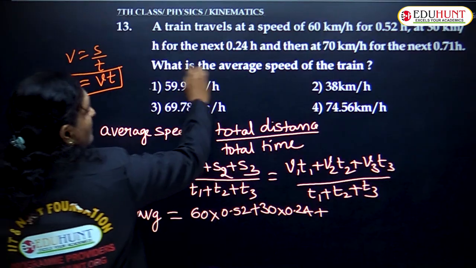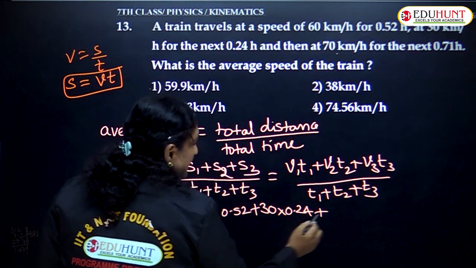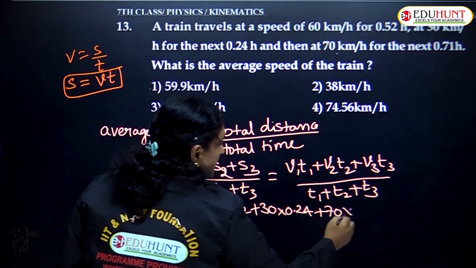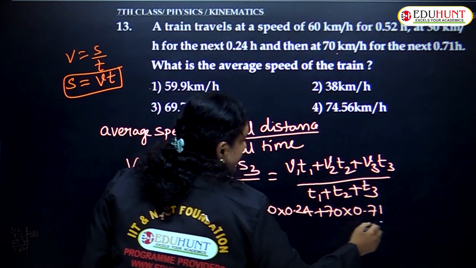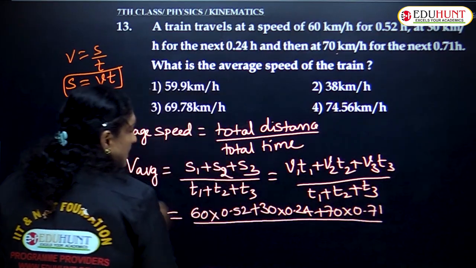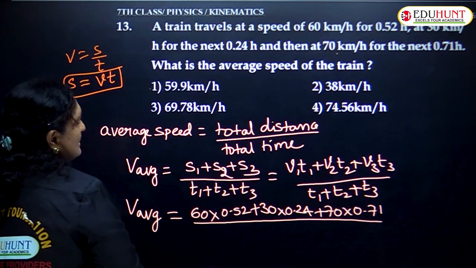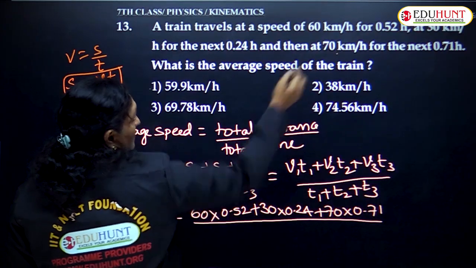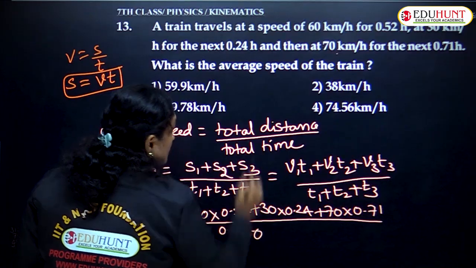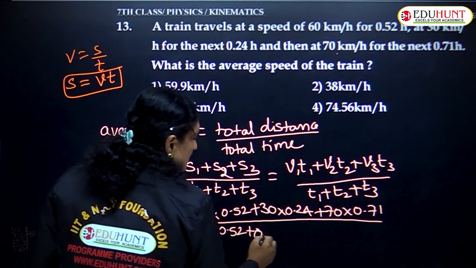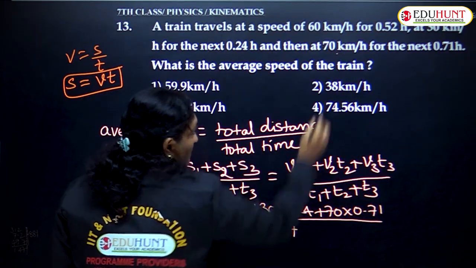The value of V3 was given as 70 km per hour for the time 0.71 hours whole upon T1 plus T2 plus T3. What is T1? 0.52 hours. T2 was 0.24 hours plus T3 is 0.71 hours.